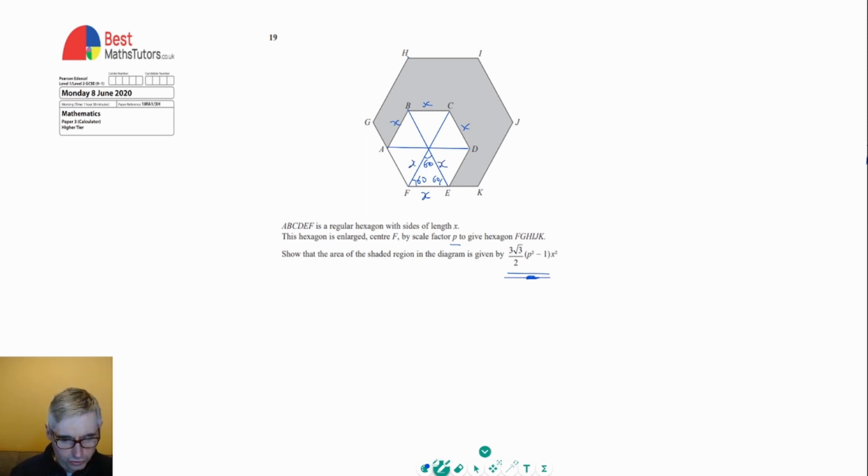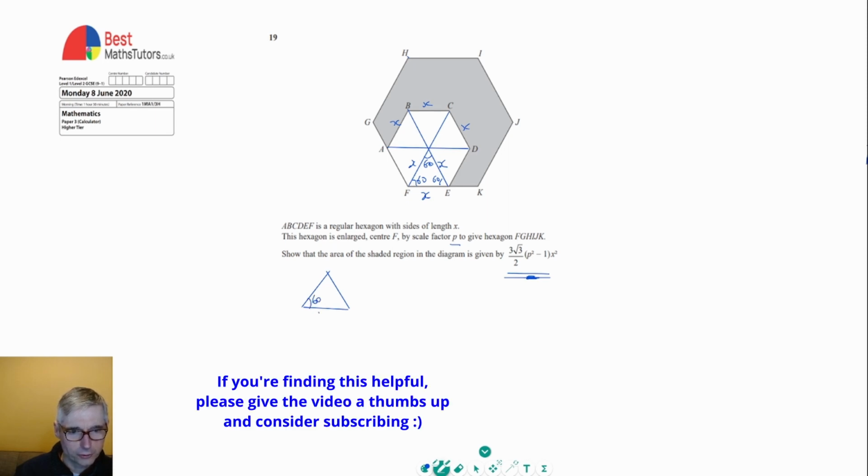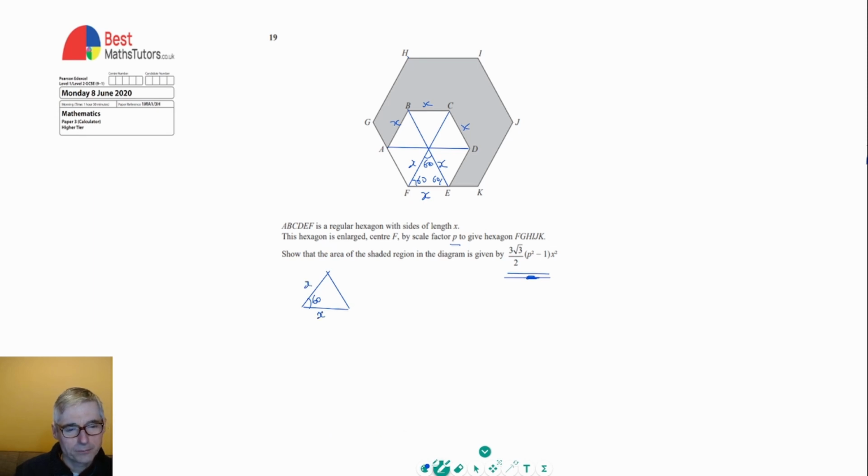If I concentrate on that triangle alone, I can use the formula for the area of any triangle. We know two sides, x and x, and the angle between them, so the area is equal to half ab sine C, and that's the way it will be shown in your formulas.